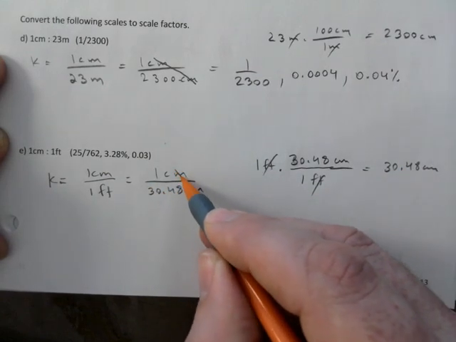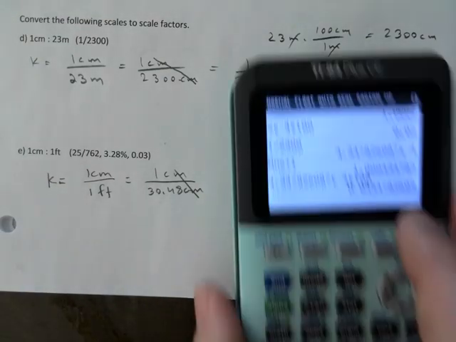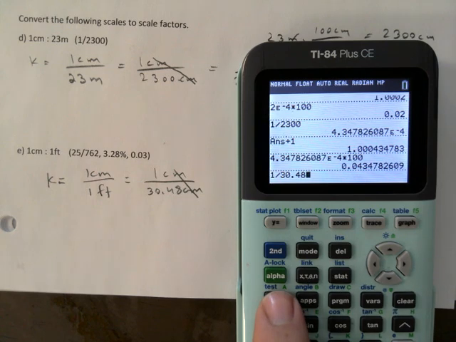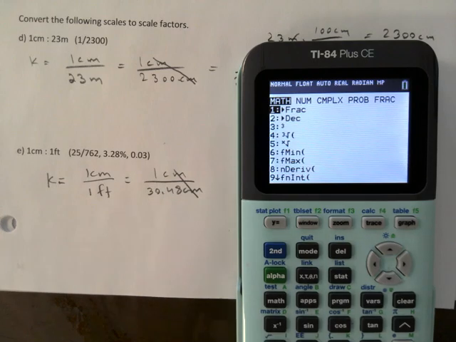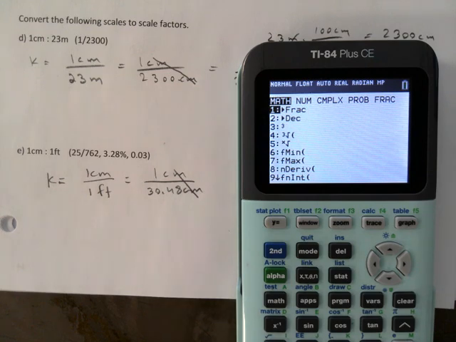Now you can cancel. And what you can do there, let me see if this works. I haven't used it very often, but just follow me, 1 divided by 30.48, right? And this is the trick. You press on math, and the very first option is turning something into a fraction.